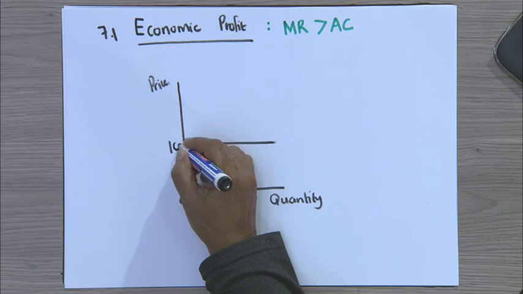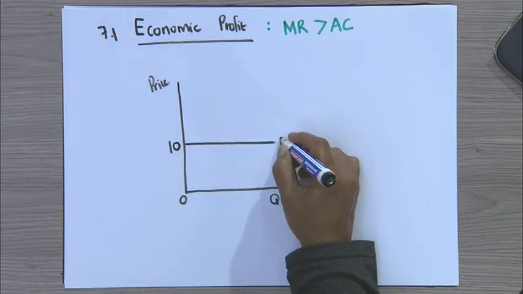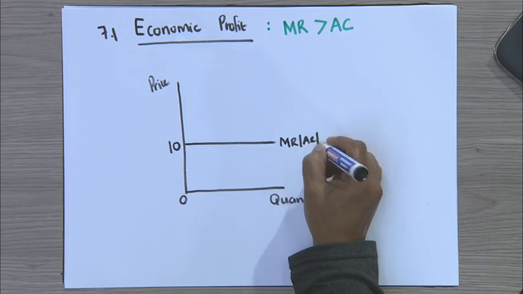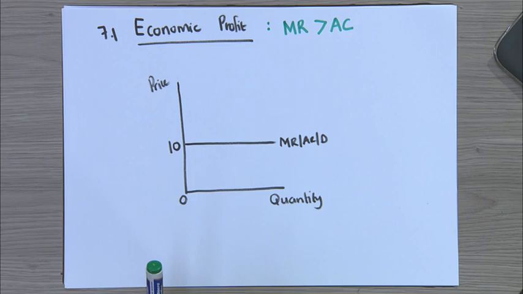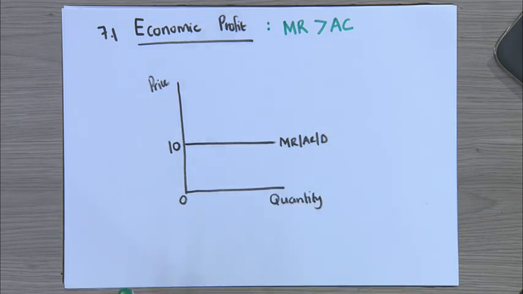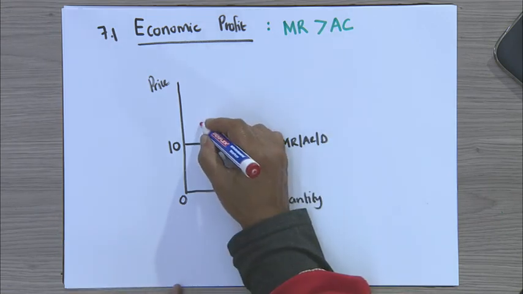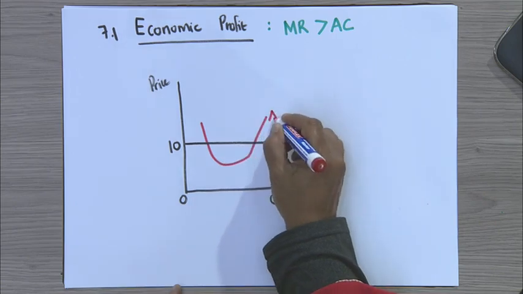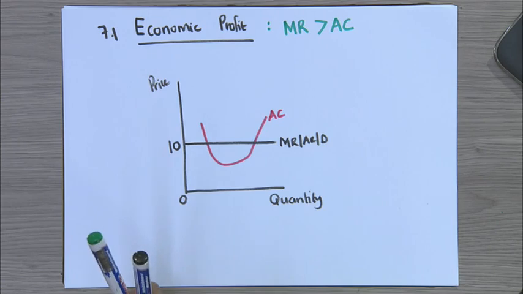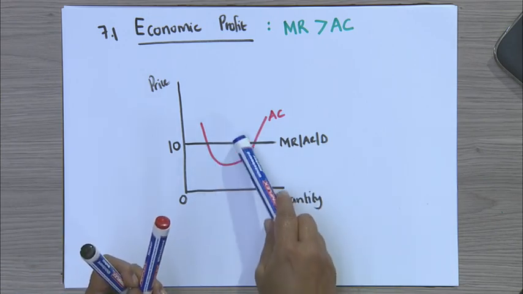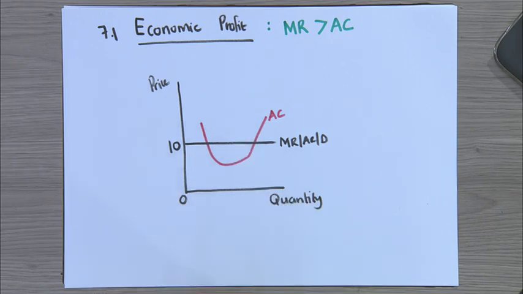We'll put numbers, we call that 10. And marginal revenue, average revenue, demand. Right. So it says my marginal revenue must be greater than AC. So when I draw my AC curve, I've got to ensure that the AC curve lies below the marginal revenue curve. Okay? So I make sure my AC curve is below the marginal revenue curve.